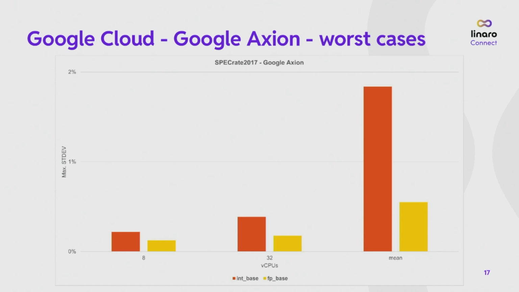And considering benchmarks across all instances, it's less than 2%, which is a good result in terms of variation. It's only after the result of AWS dedicated instances.